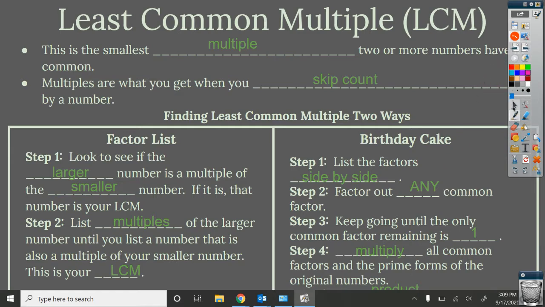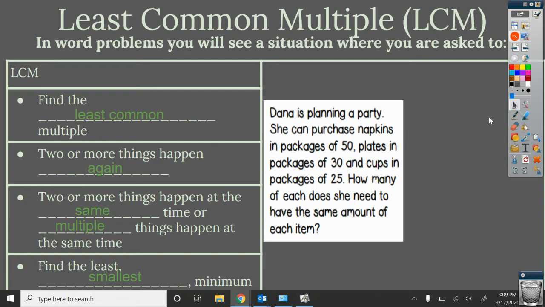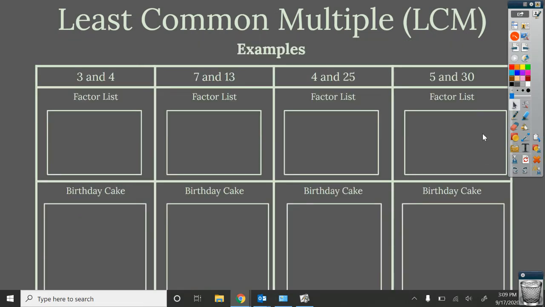So what we're going to do now is we're going to look at some examples for least common multiple. Okay, so what we're looking to see is, is 3 a factor of 4, or is 4 a multiple of 3? So could I multiply 3 by some number and get 4?